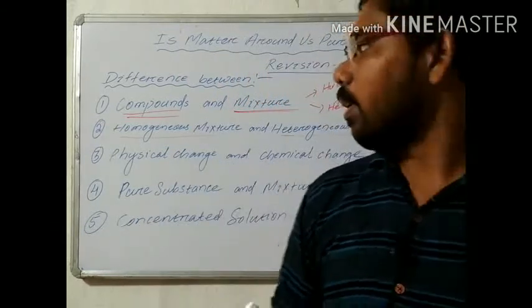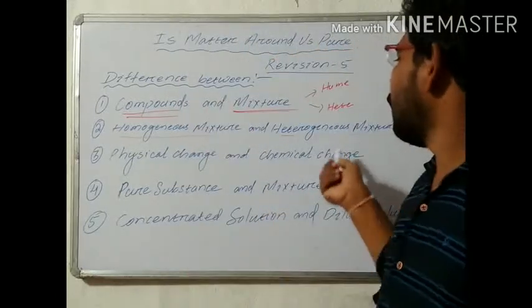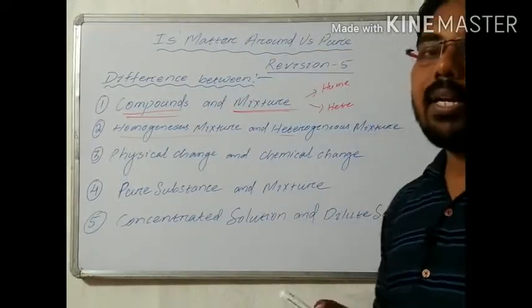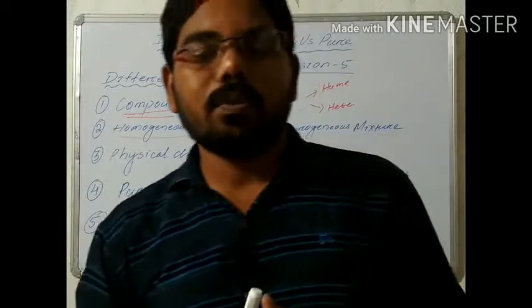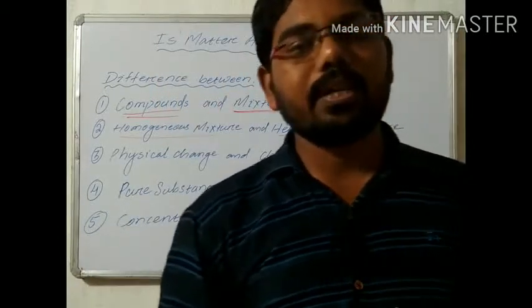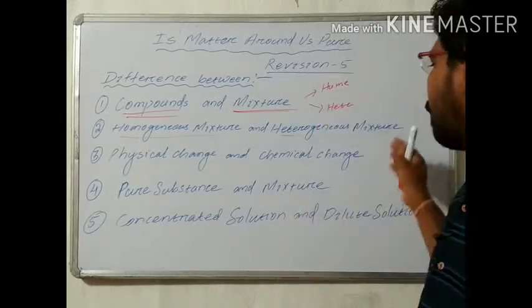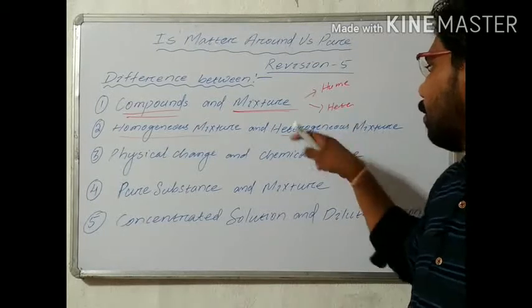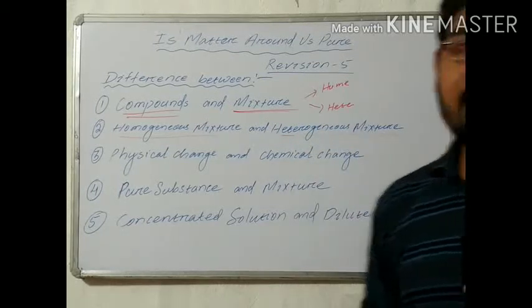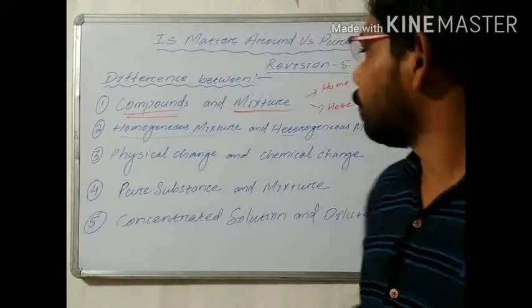Alloy is also an example of a homogeneous mixture. Heterogeneous mixtures are a mixture of sand and stone, or iron filings and sulfur. Their composition is not fixed, they can be separated easily, and their individual properties are not lost.